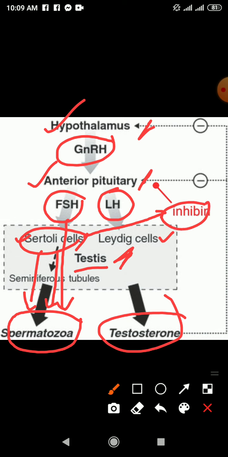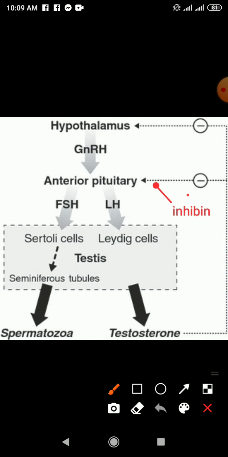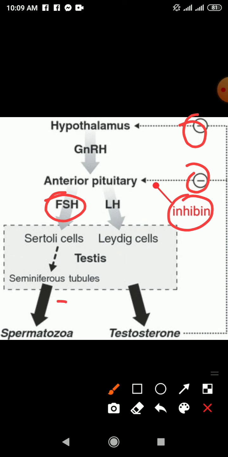This inhibin sends a negative feedback so that there will be reduced FSH secretion, reduced stimulation of the Sertoli cells, and ultimately reduced spermatogenesis. So inhibin acts via negative feedback to suppress the FSH and ultimately to suppress the spermatogenesis when the spermatogenesis is enough.